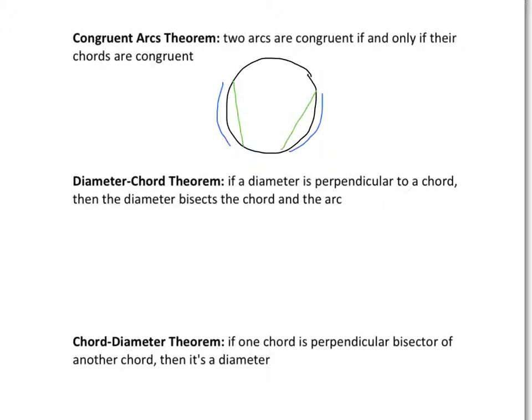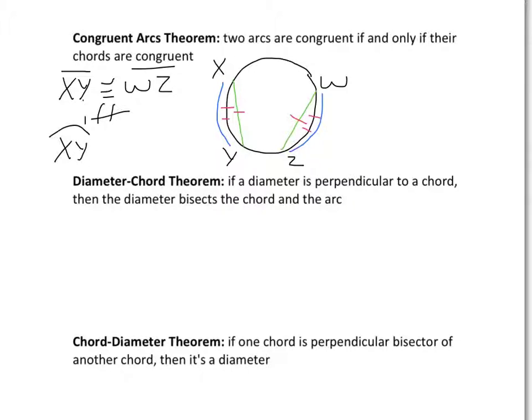So if these two are congruent, then these two are congruent. If I define these, that tells us that chord XY is congruent to chord WZ if and only if arc XY is congruent to arc WZ.